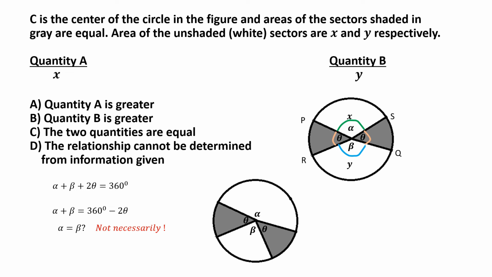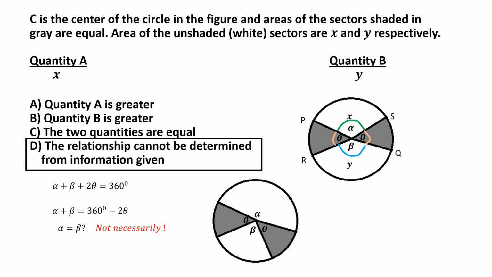So one sector may get very big, the other may get very small, and that leads us to the conclusion that the relationship between the areas of those two white sectors is something we cannot determine based on the information given. So the correct choice in this particular question will be option D: the relationship cannot be determined from the information given.